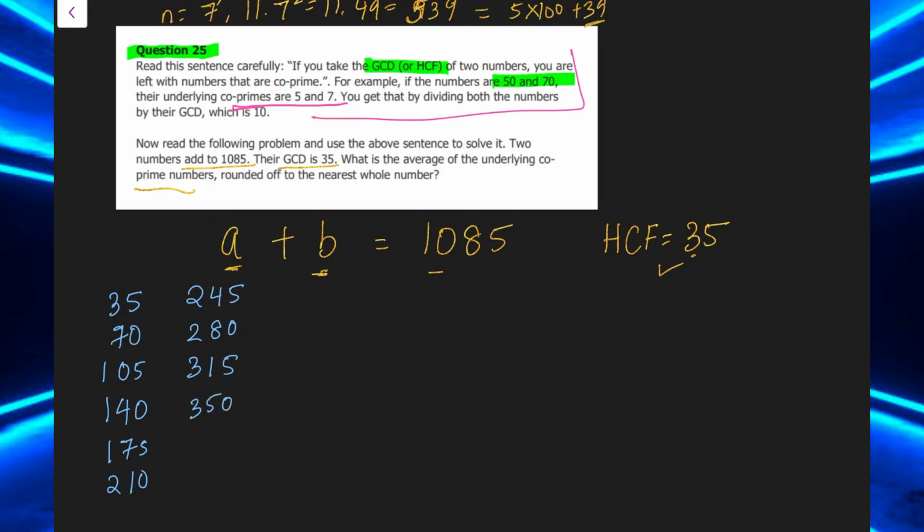Yes, this is the last question, so this will take a bit of time to work out. 455, 490, 525. And adding 35s is actually not very tricky. You can add 30 first and then the 5s. It's going quite quickly.